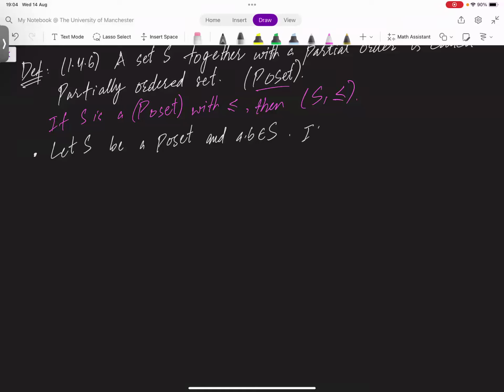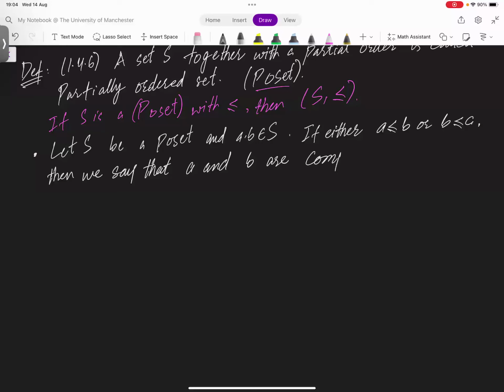If either A is less than or equal to B, or B is less than or equal to A, then we say that A and B are comparable.